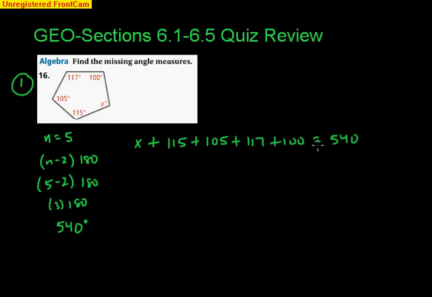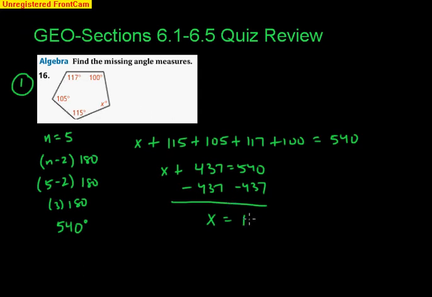We get our trusty calculator and we add them up. 115 plus 105 plus 117 plus 100, and we get that sum of these 4 numbers to be 437. So then we subtract 437 from both sides to get the value of x. And when we subtract that, we get a value of 103. And there's the missing angle measure, 103.